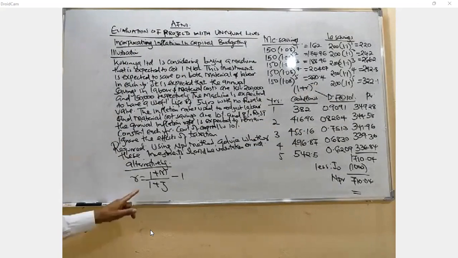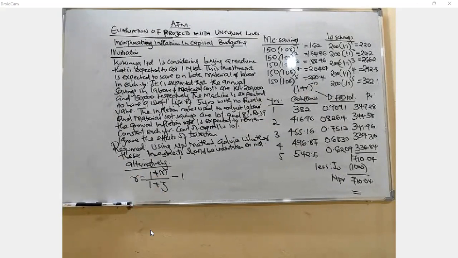Now, rather than using all that, we are talking about using the inflation adjusted cost of capital. This is the formula for it. To get the inflation adjusted cost of capital, we use our m, the cost of capital in money terms, and our j, which is the inflation rate.